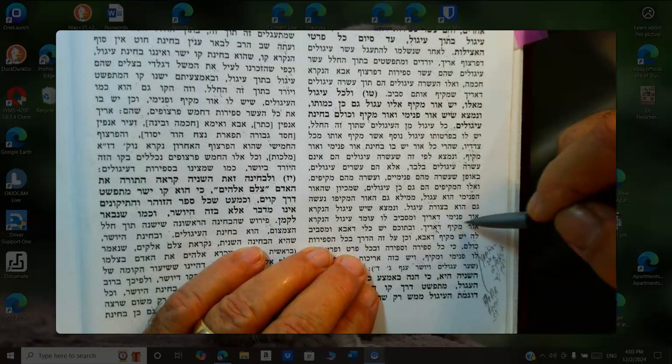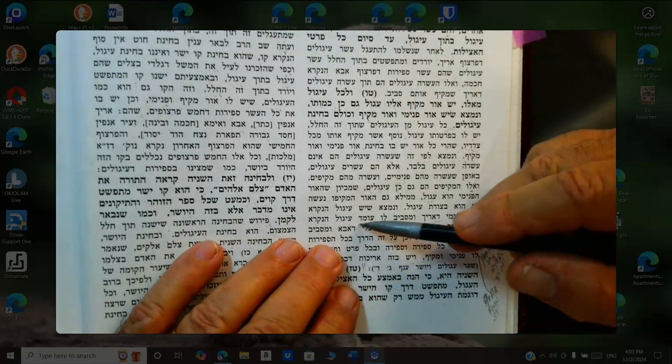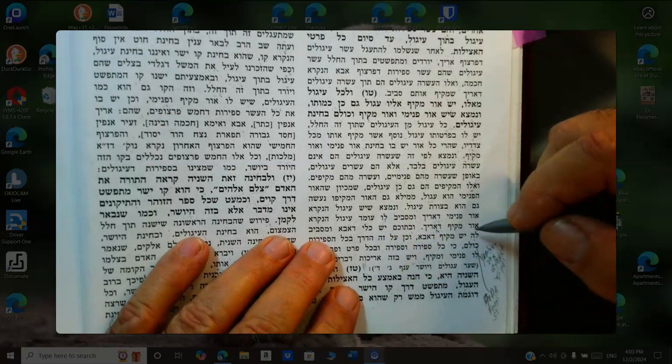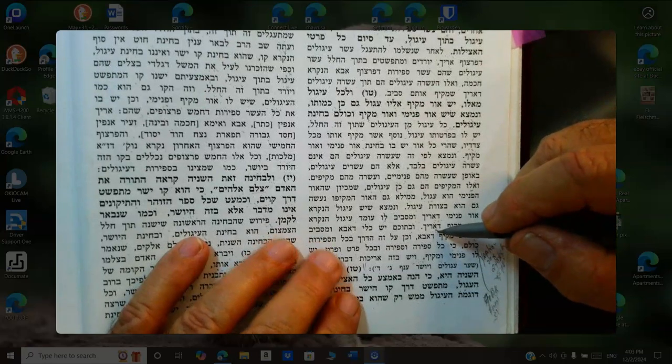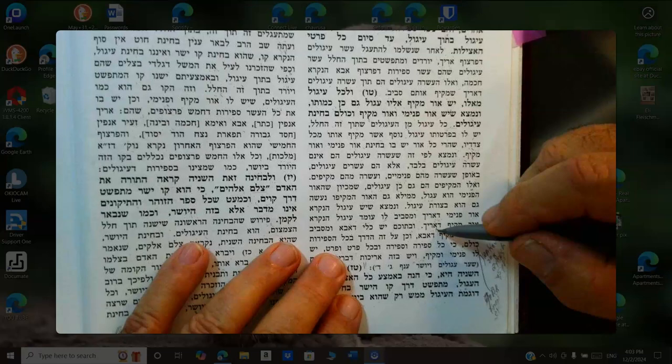There's a ball that's the pnim of arich, the inside of it, and it surrounds it. And surrounding it, so the balls of arich, each one has an inside and an inner ball and an outer ball.